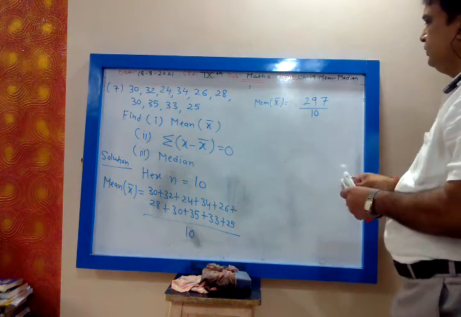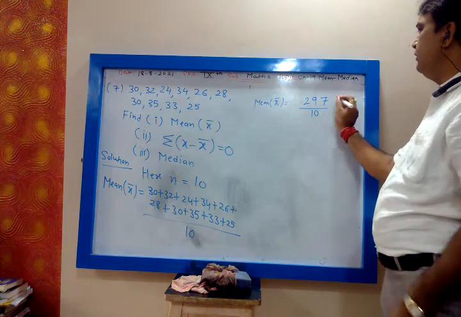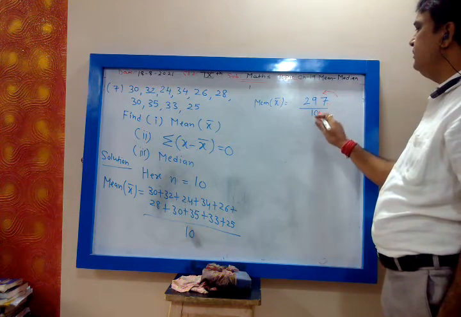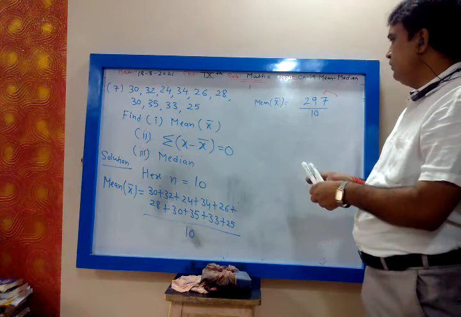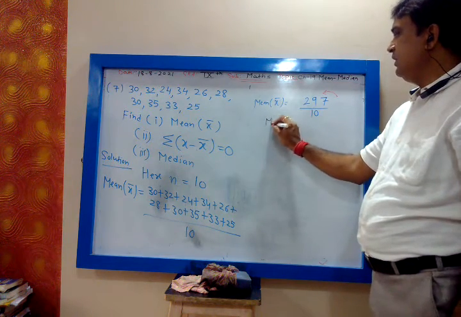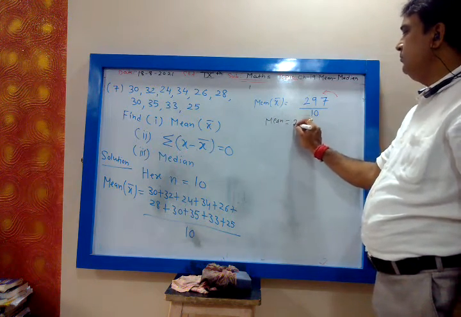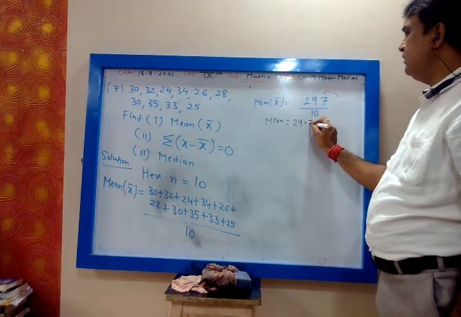To remove the decimal, we move from right to left and place the decimal after 1 digit because of the 10. So mean value is 29.7. Yes, all of you got the answer.